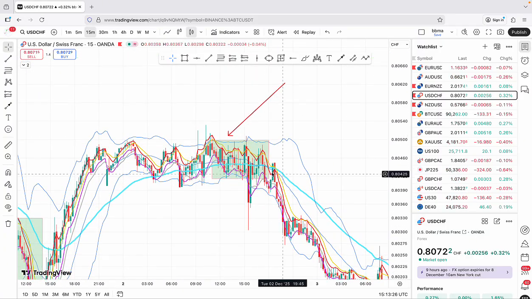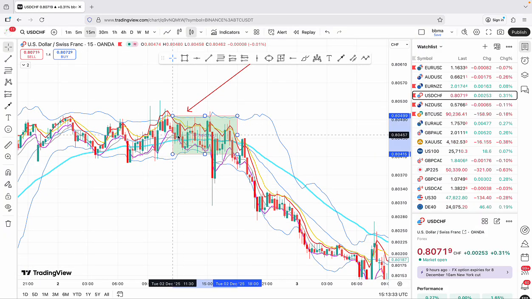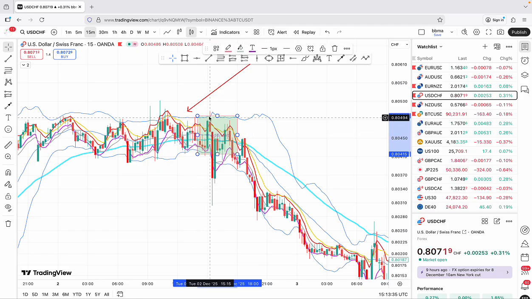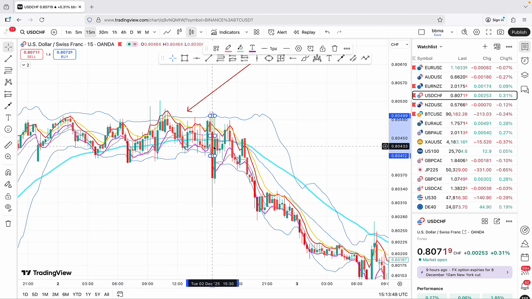And over here, you see it's a very messy structure. So this was the area when it got rejected from top BB in time frame 2. When we need to take the trade, we take it when time frame 3 forms CSAK.